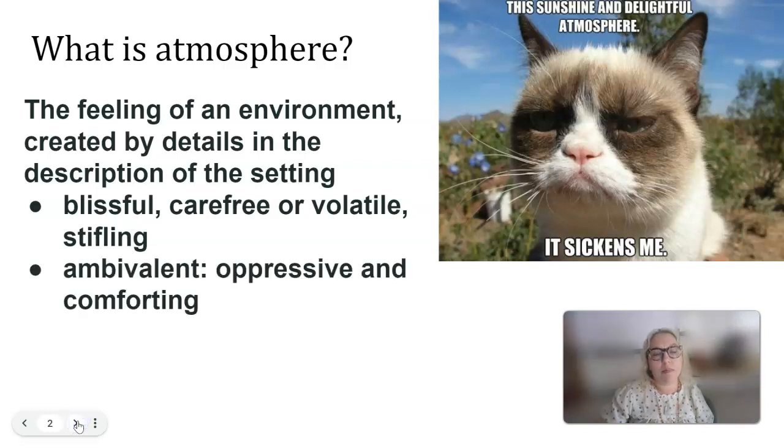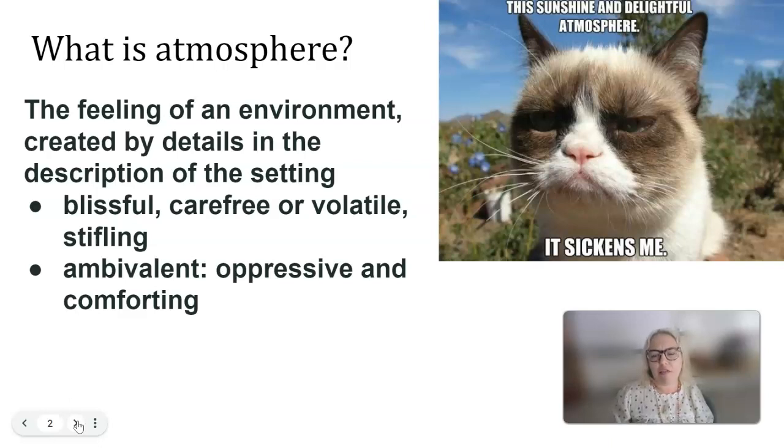How about the book Men We Reaped? We talked about atmosphere when we read that book. The atmosphere is created mostly from the description of DeLisle, Mississippi, and that sort of double feeling that we get there, that ambivalence, feeling two ways at the same time, of being both oppressive and comforting.